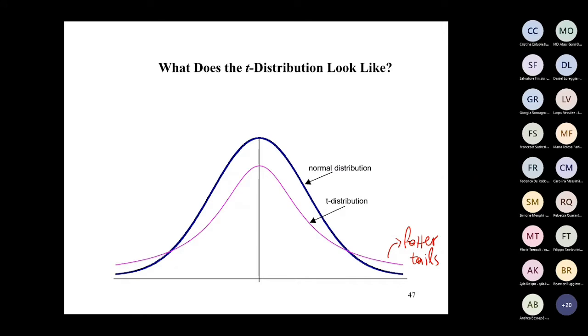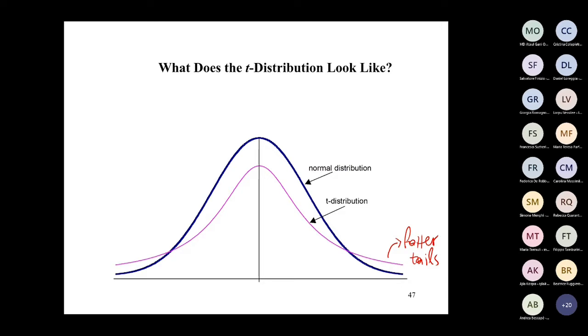When we say fatter tails, what do we imply? I think a large rejection region. Yes, but fatter tails means what? It means that the extreme values are more dispersed. Yes.